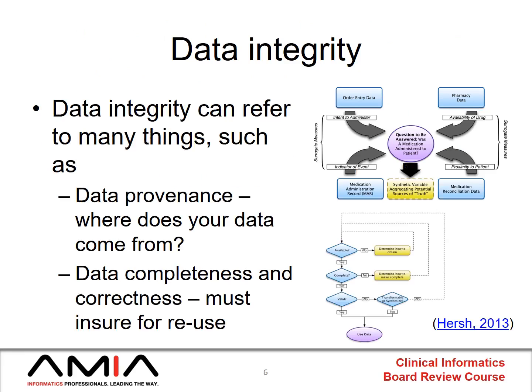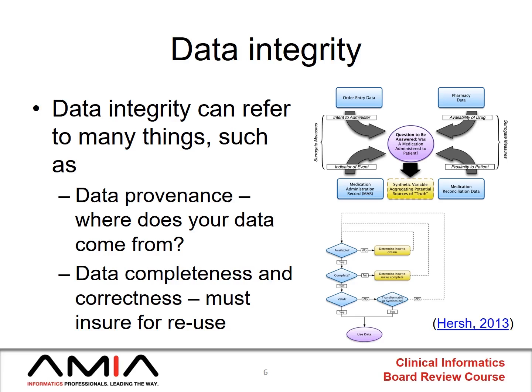Let's start by talking about data integrity. Data integrity can actually refer to a number of other concepts. One term that is gaining a lot of currency is data provenance. Where does your data come from? How trustworthy is it?